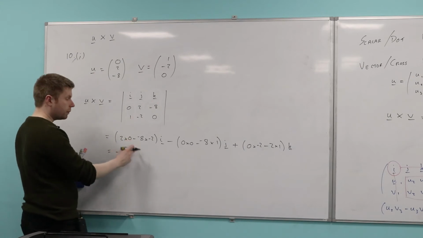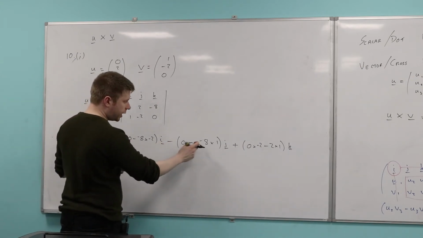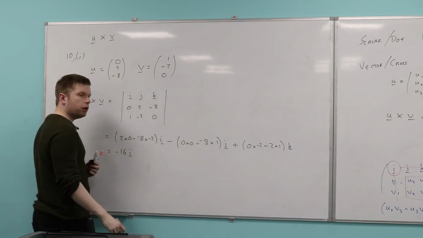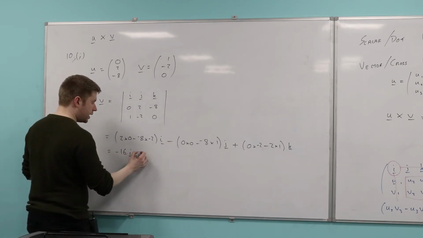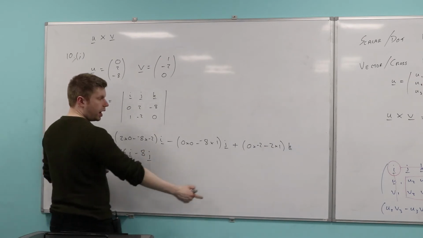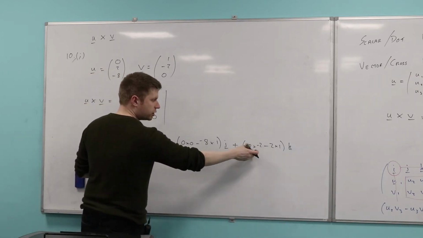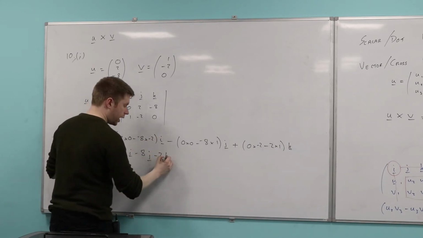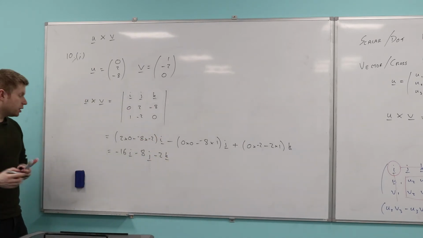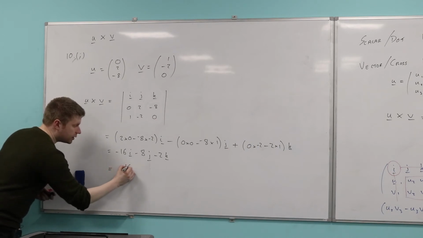Then make that negative. Then minus, we'll look at this. I get negative of -8 times 1. What's that? Positive 8, but that's negative already. So it's going to be -8j. And then this thing, I get 0 times -2, which is 0, minus 2 times 1, so it's going to be -2k. Is that okay? So therefore, my vector is going to be -16, -8, and -2.